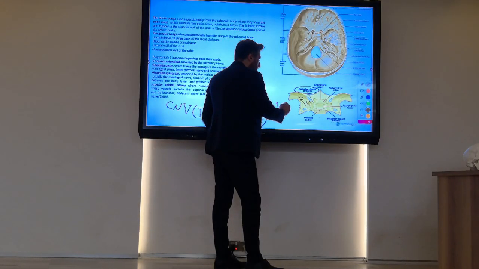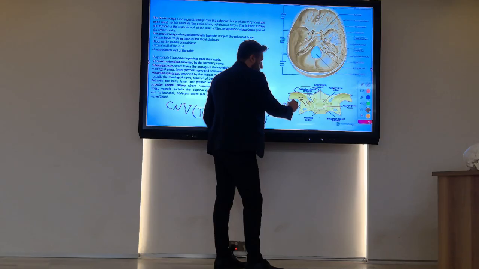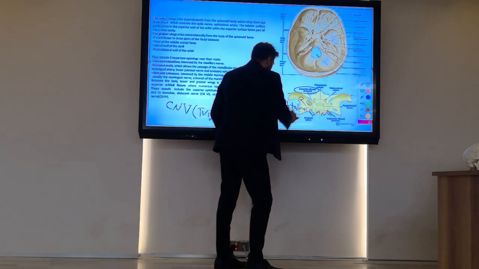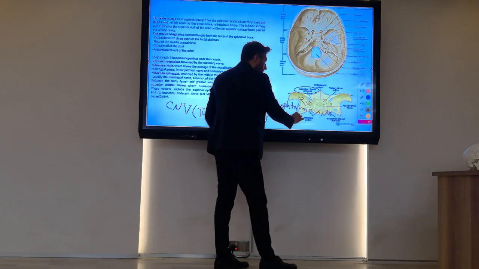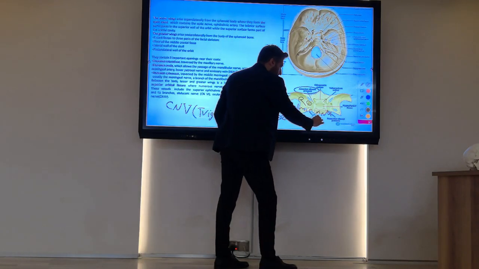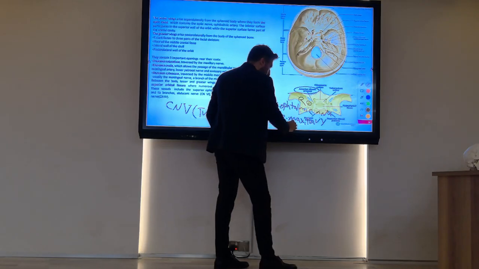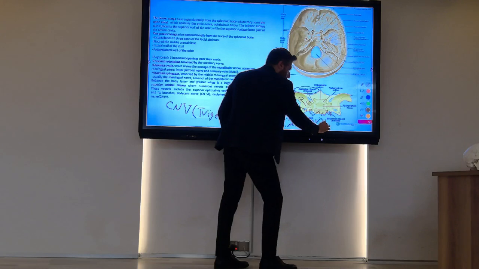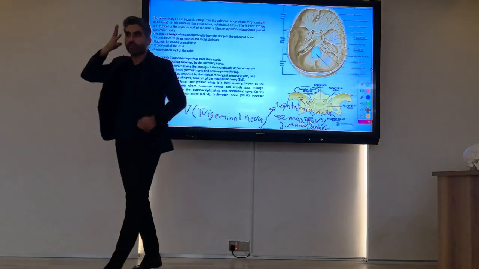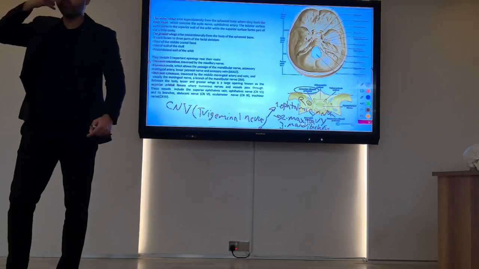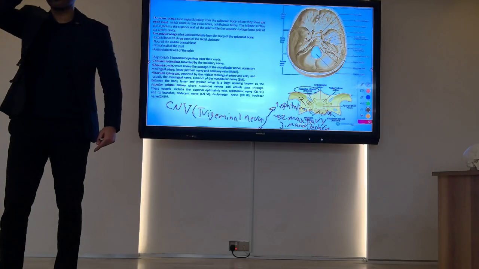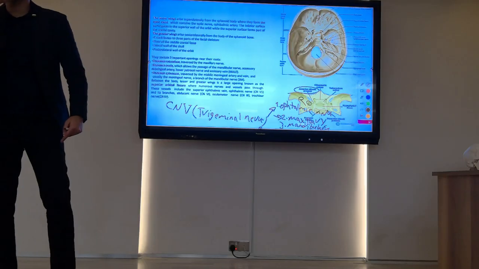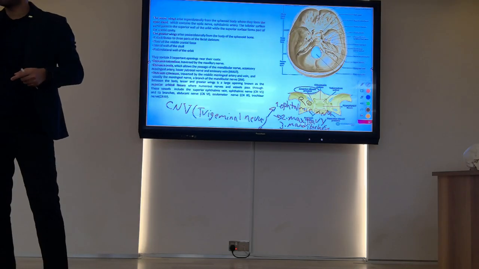Number 1 is the ophthalmic nerve. Number 2 is the maxillary nerve. And number 3 is the mandibular nerve. Ophthalmic is for the superior part of the face, maxillary for the middle part of the face, and mandibular for the lower part of the face. They are sensory nerves.